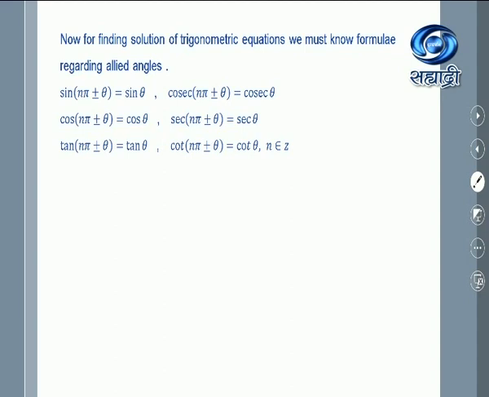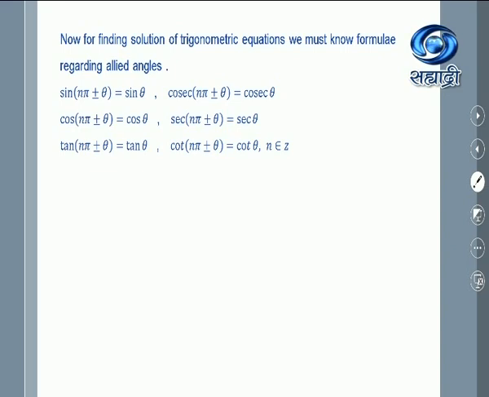How will you remember this? Remember, this n is always an integer. So if n is an integer, then for the allied angles n pi plus or minus theta, the trigonometric ratio remains as it is. That is, sine remains sine, cosec remains cosec, cos remains cos, sec remains sec, tan remains tan, cot remains cot.